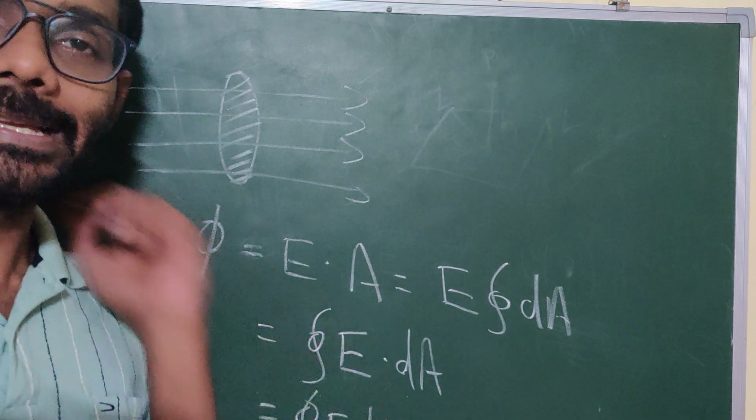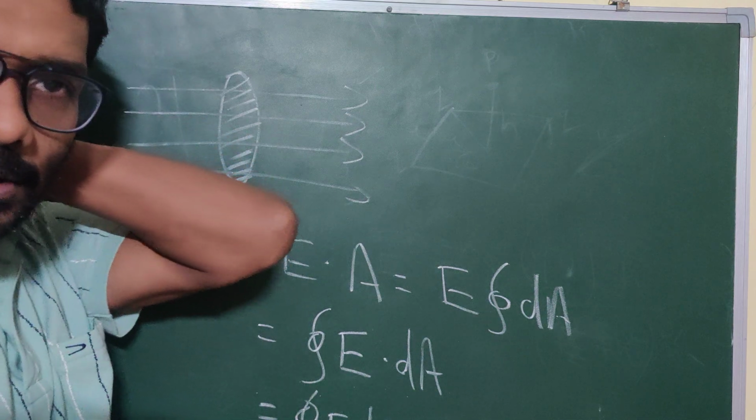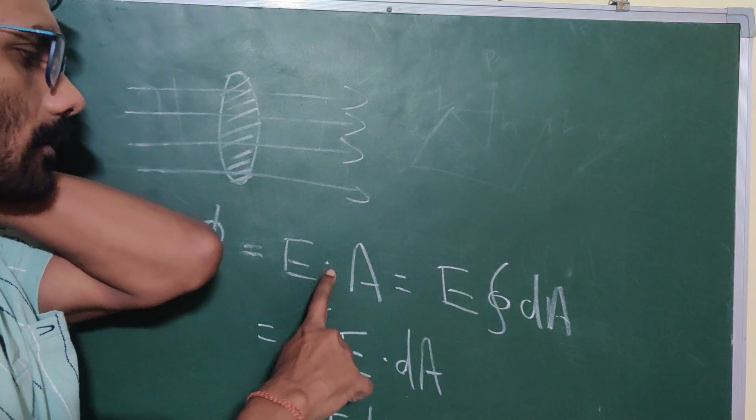E dot A, the dot product, is E A cos theta.